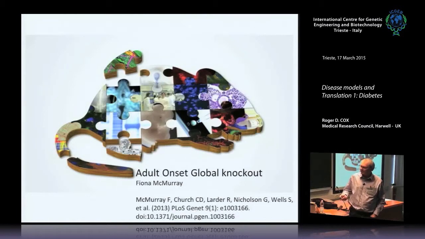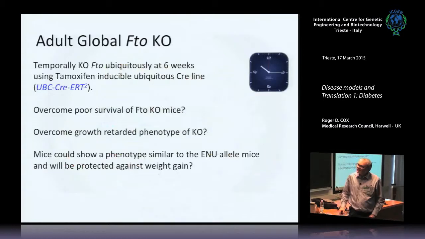This is an experiment that Fiona did, and this is all published and open access, so you can download those papers. In this experiment, we wanted to knock it out later on in life, so we used an inducible Cre. This is the same process and technology as I showed you before. We're deleting that exon 3 that's flanked by LOX-P sites using a Cre recombinase.